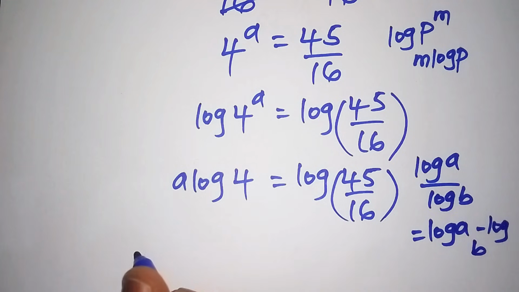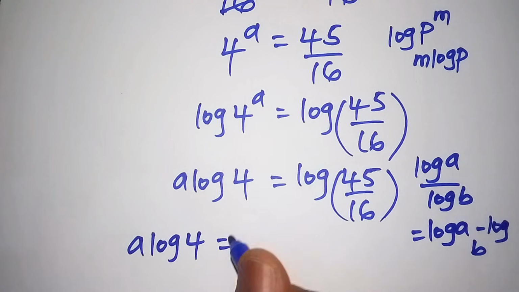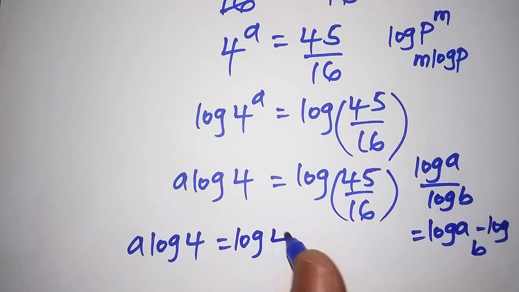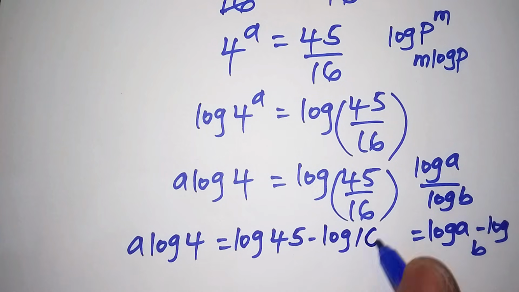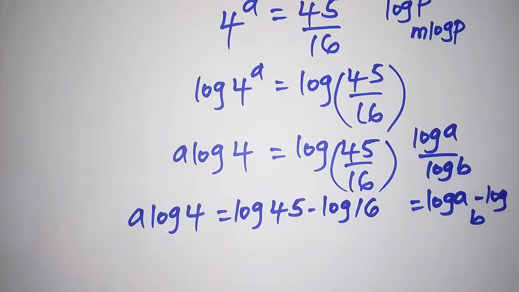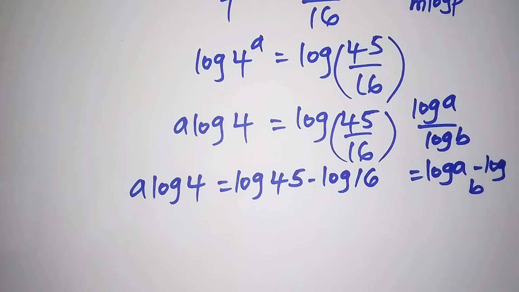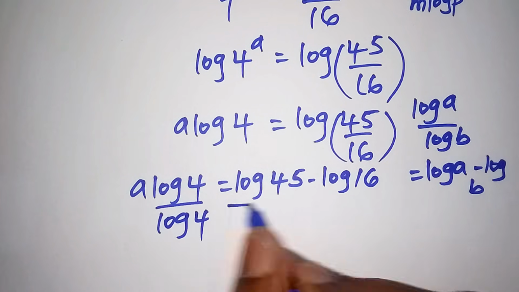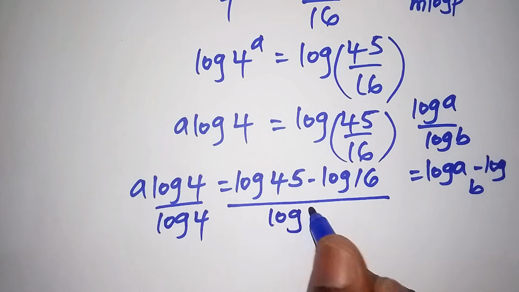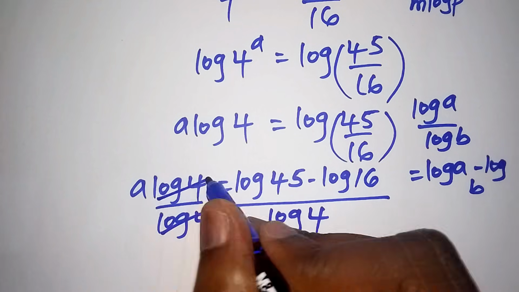So here we shall have a, the log of 4 is equal to the log of 45 minus the log of 16. From here we can divide both sides by the log of 4. So we divide by the log of 4, and this side shall also be divided by the log of 4. So log 4 and log 4 shall cancel.